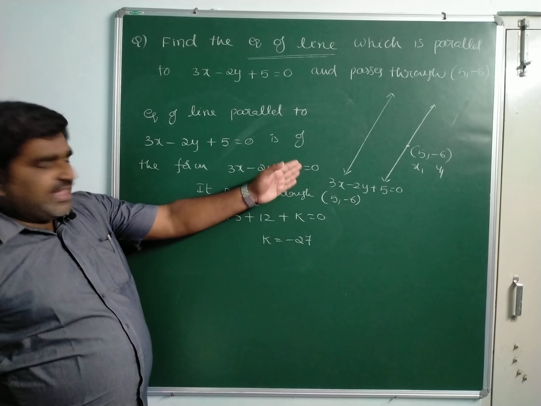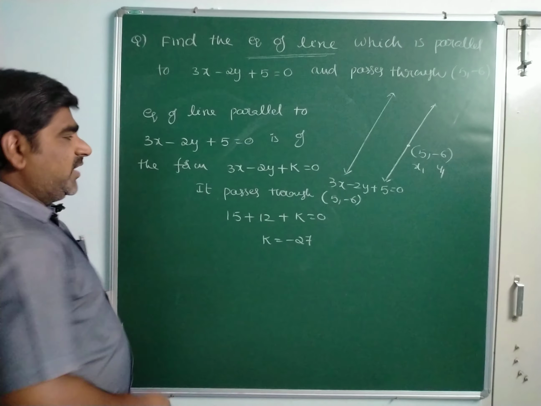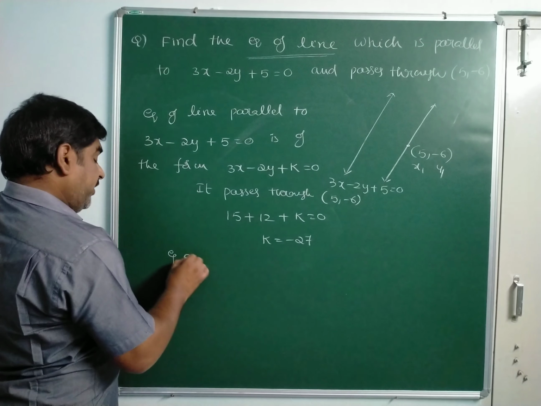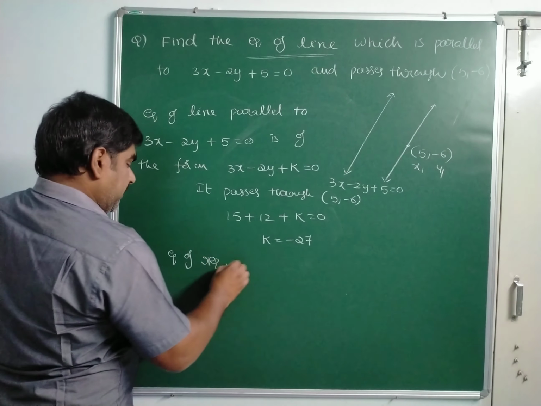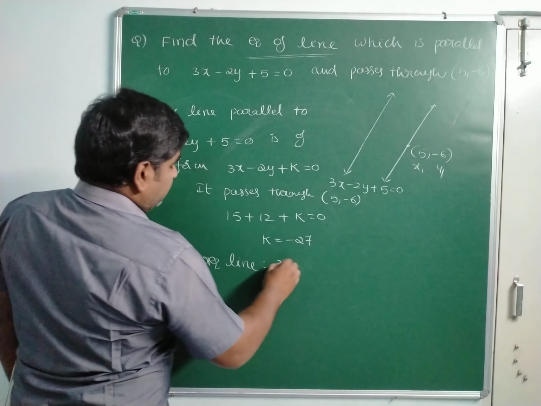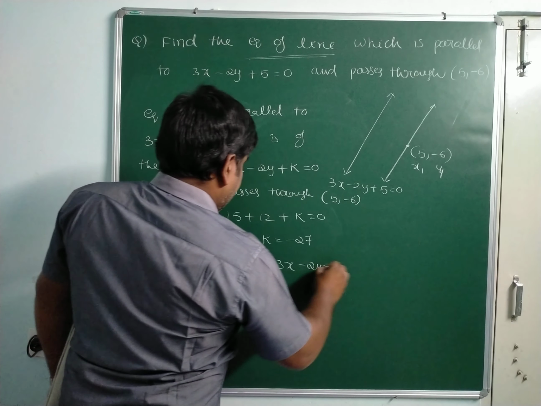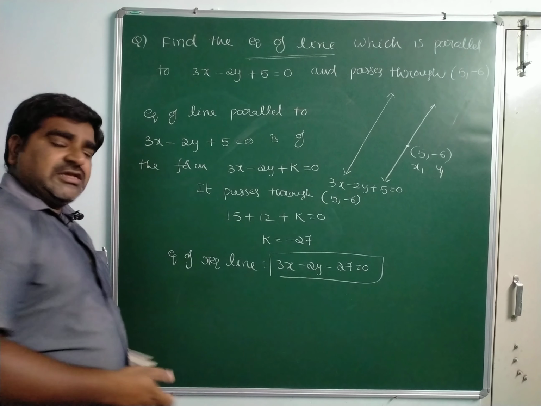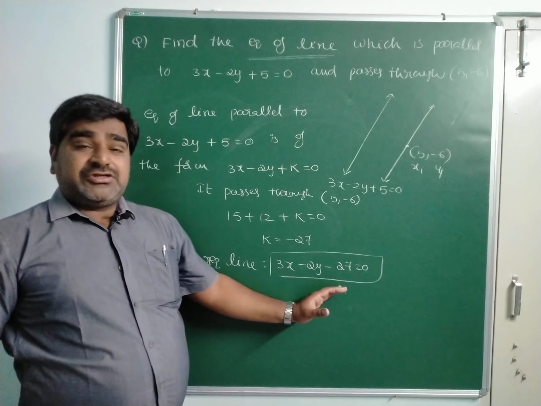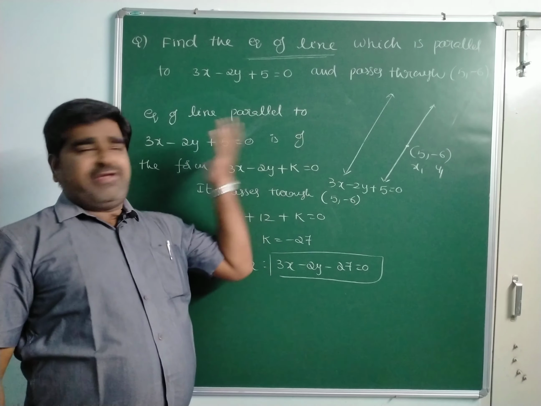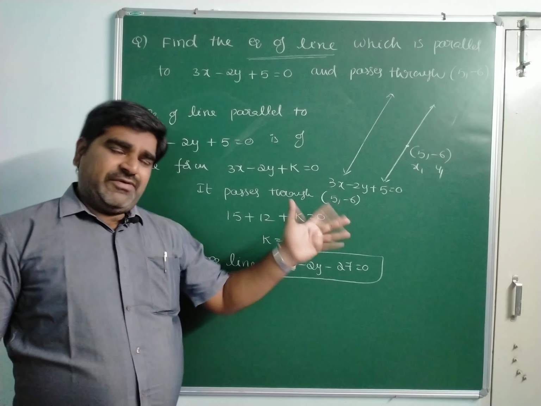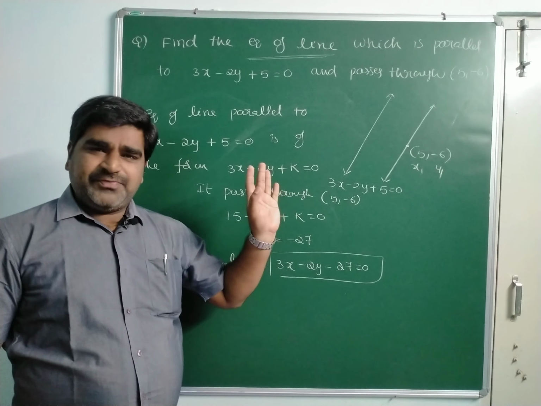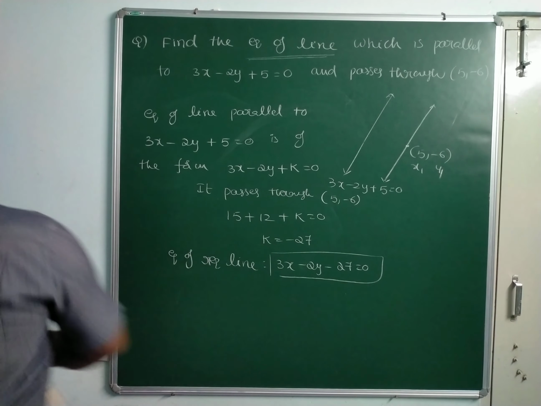Just replace the value of k here, and that will be the required answer. Therefore, the equation of the required line is 3x minus 2y minus 27 is equal to 0. You can follow the previous process or this process, whatever it may be. Clear?